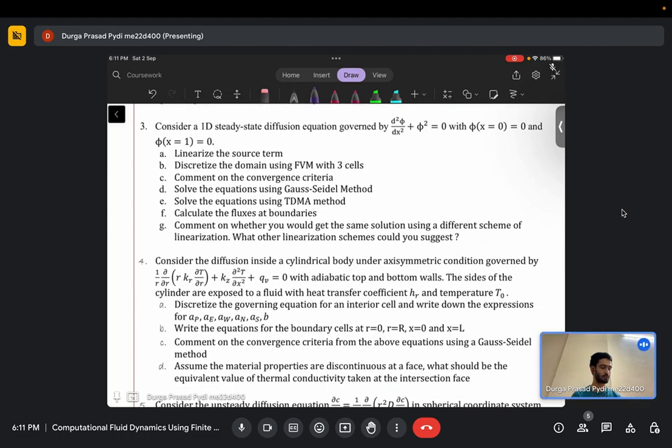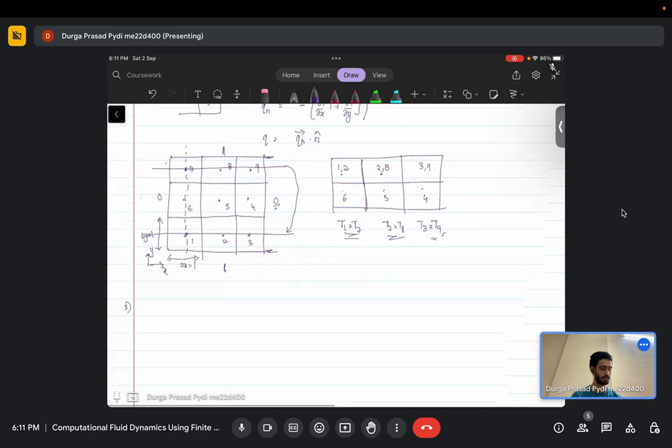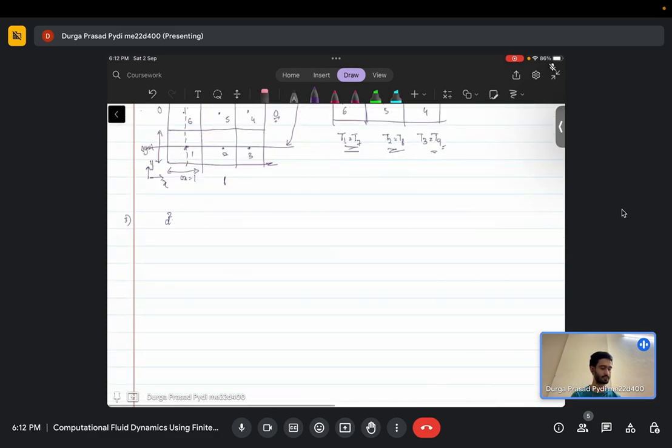Third question is okay. So you have d square phi by dx square plus phi square equal to 0, and phi at x equal to 1 is also 0.